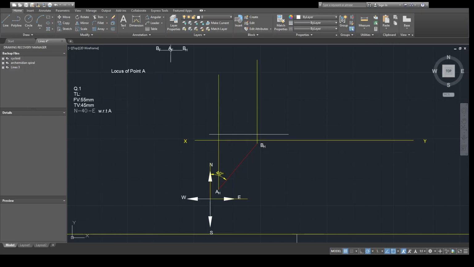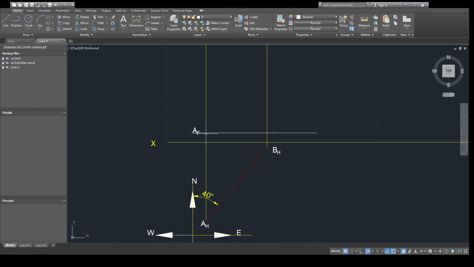So this is my point AF, I will move this point to here. Now this intersection is my point AF.